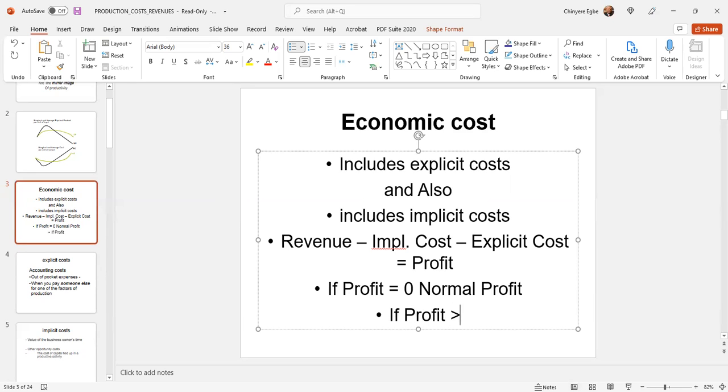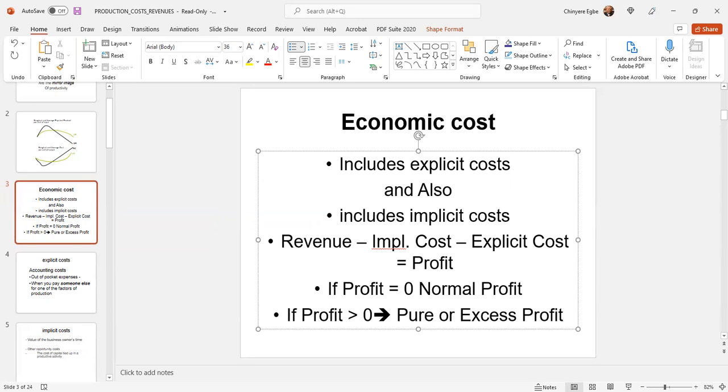Now, if profit is greater than 0, that is to say, by the time you deduct what you would have earned if you were working for somebody and you still have a surplus, then that is what we'll call pure profit, or excess profit. In economics, we'll call that excess profit.